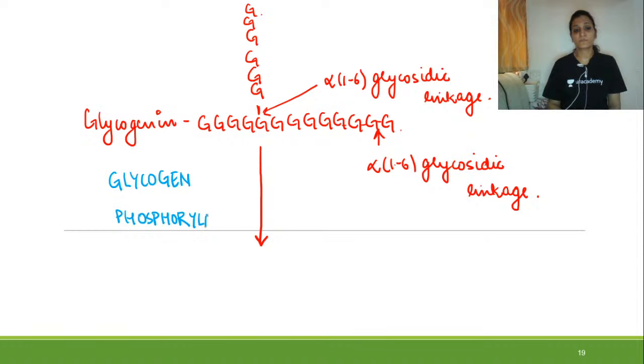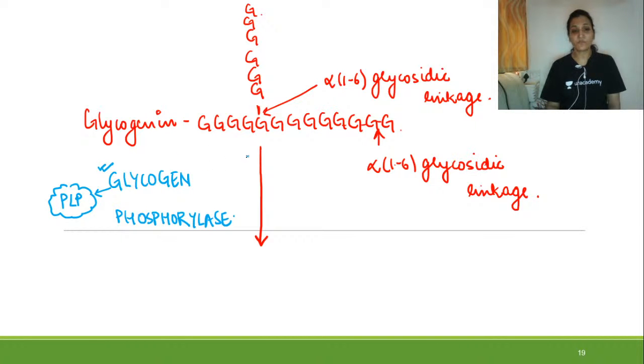What is the function of glycogen phosphorylase? It is to remove the glucose molecules successively from glycogen, and this glycogen phosphorylase is pyridoxal phosphate dependent, it requires pyridoxal phosphate as a coenzyme, right?